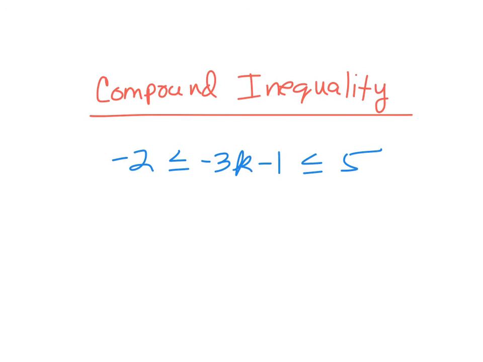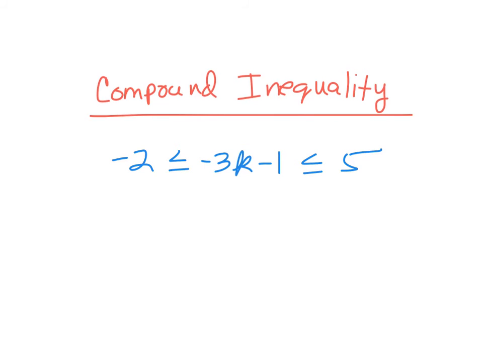And we're also making the statement negative 3k minus 1 is less than or equal to 5. Okay? So in essence, that's equivalent to saying negative 3k minus 1 is between negative 2 and 5. Okay? Now, how do I solve a compound inequality? I find all the values of k that make this original statement true. That's how I do it.